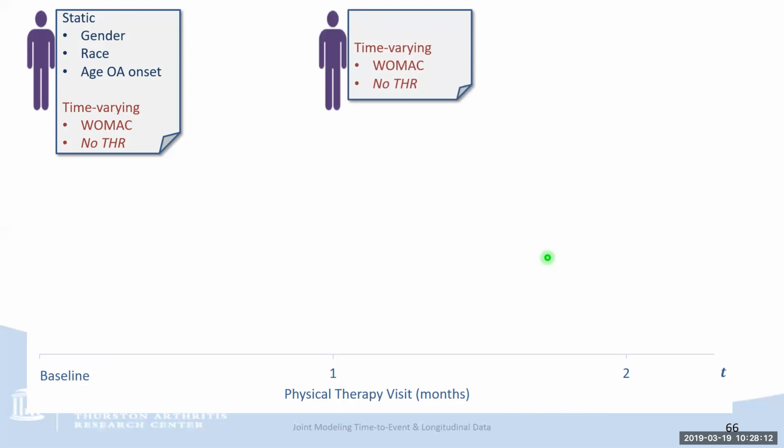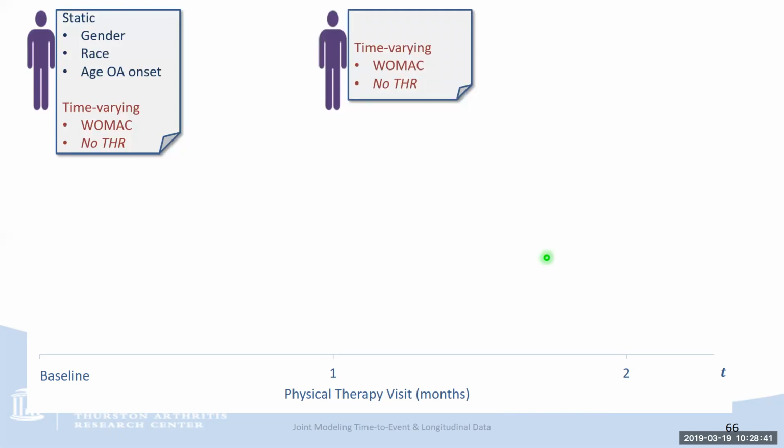So at each visit, the participant's weight, blood pressure, and temperature will be measured. And in addition, the patient report questionnaire is completed to calculate the WOMAC score. Total hip replacement is not really collected as a time-dependent variable, but we inherently know that the event hasn't happened because the patient is still coming to this therapy.